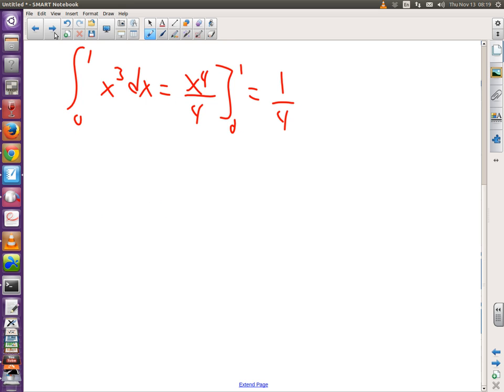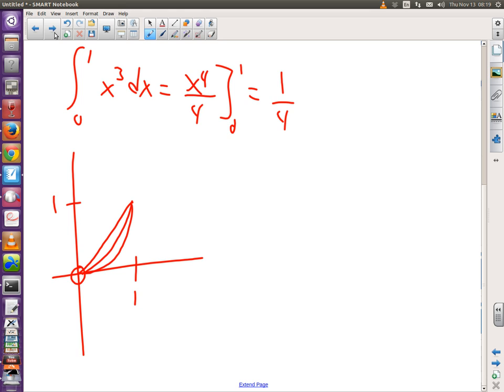Now this was the question. What's the area bounded between two curves? There's y equals x, y equals x squared, y equals x cubed. What if I want the area between x squared and x cubed?